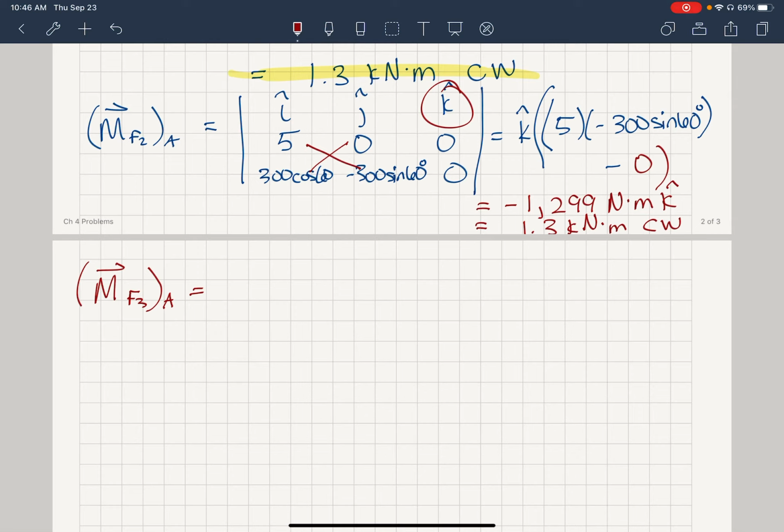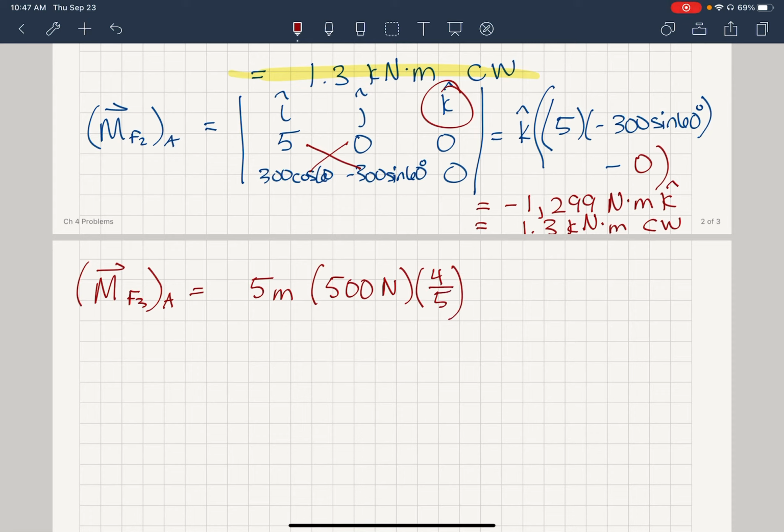So with that, we get 5 meters times F3, which is 500 newtons. Then we just want the vertical component, so 4 over 5.